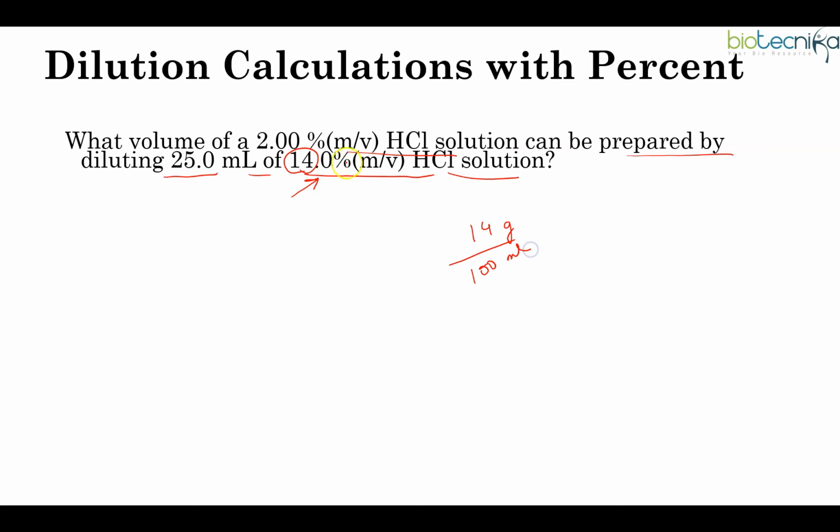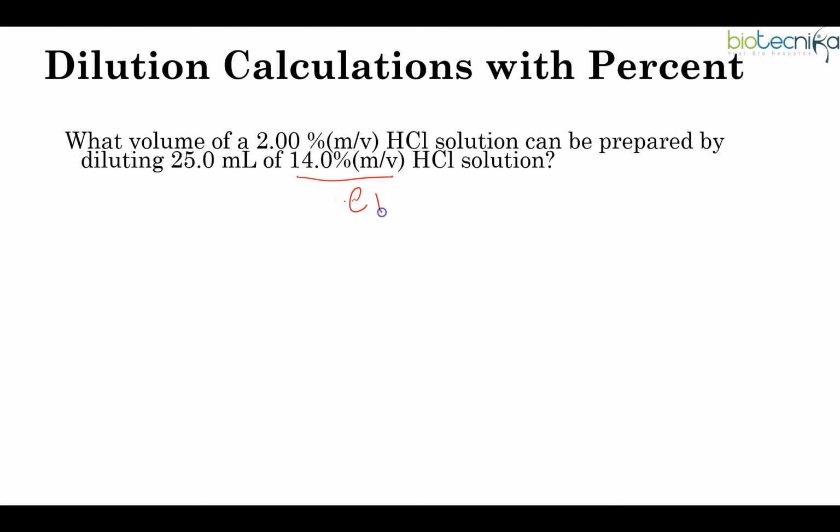This is what 14% means. You don't need any conversion because both the units are in mass by volume percentage. Whenever you have to do any calculation with any equation, you have to convert into the same type of units. With different units you cannot put them into an equation. Okay, so 14% will be the concentration of the initial.